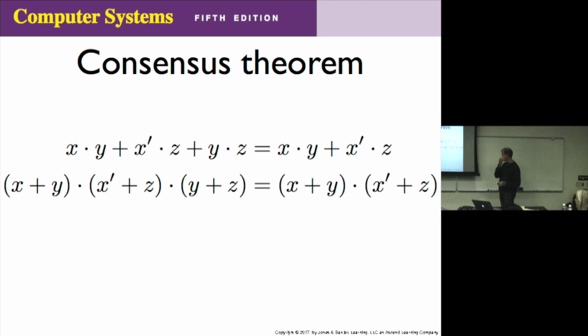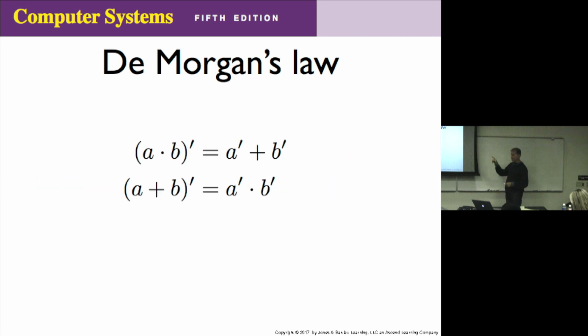Here's the consensus theorem. It is an interesting one that we're not going to use later at all, so we're not going to bother with it, but there it is. And here, I think it will be a useful exercise to prove De Morgan's law, because De Morgan's law involves the complement. I want to show you a technique for how to derive complements.